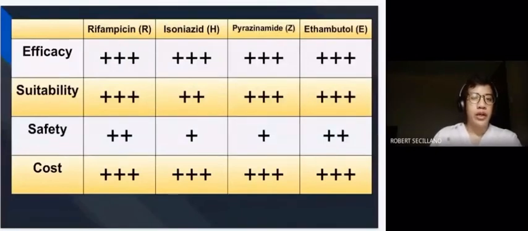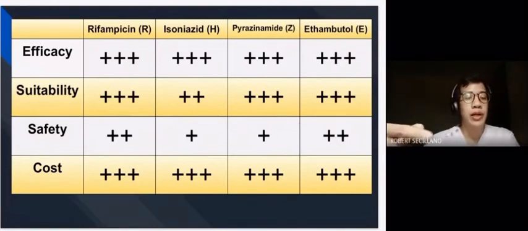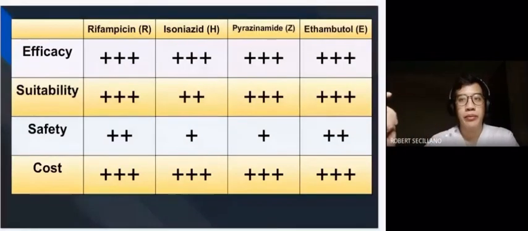And rifampicin, I placed 3 plus because it is well absorbed after oral administration, excreted mainly to the liver into the bile. You don't need to adjust it for renal or hepatic insufficiency, and it is distributed widely in the body fluids. So that's why I placed 3 plus.